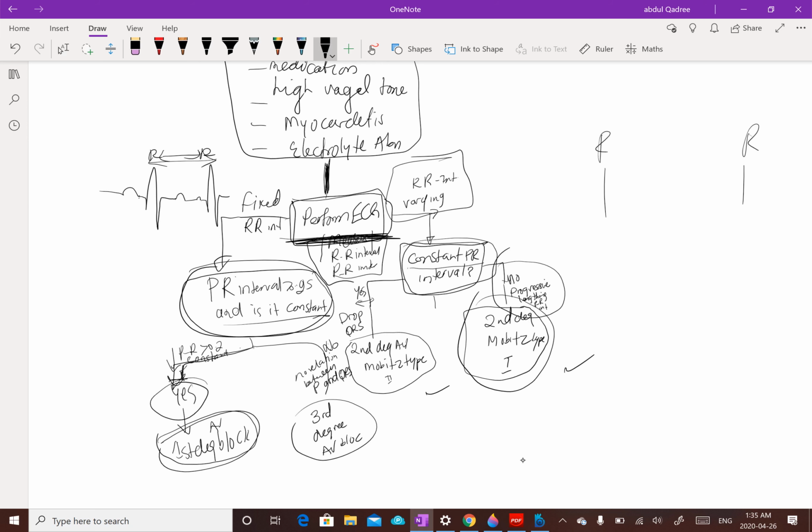And if that doesn't hold true, then we have a third degree block, and it will show that there was no association between P and QRS.